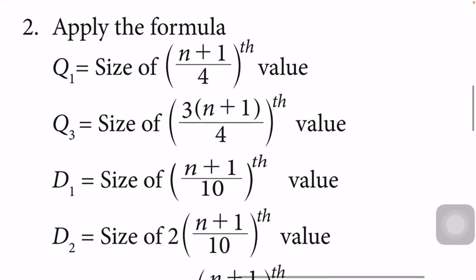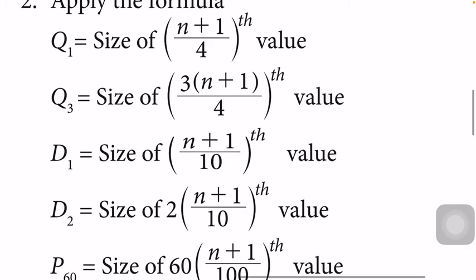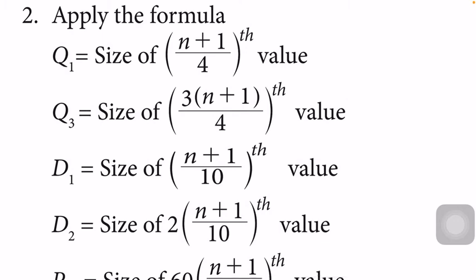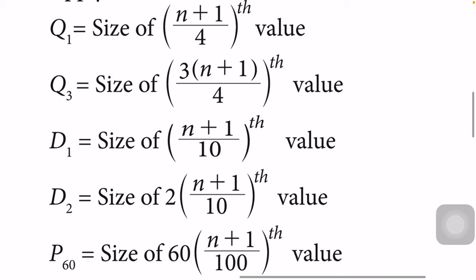For D1, that is decile 1, it is the size of (n plus 1) divided by 10th value. Why do we divide by 10? Because deciles divide the data into 10 equal parts. Quartiles divide into 4 equal parts, so for Q1 and Q3 we divide by 4. So D2 is the size of 2 into (n plus 1) by 10th value.